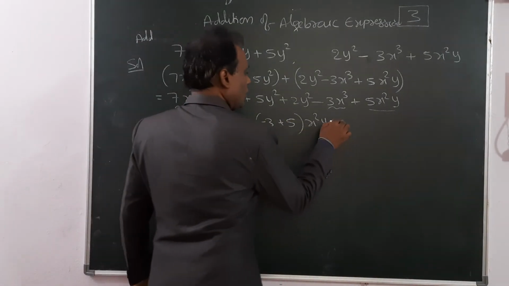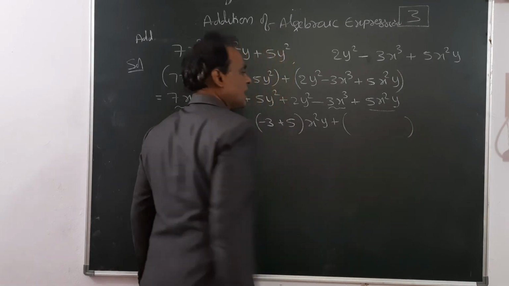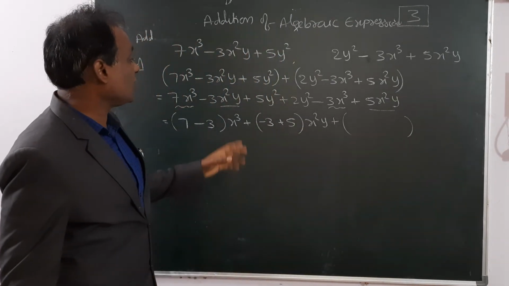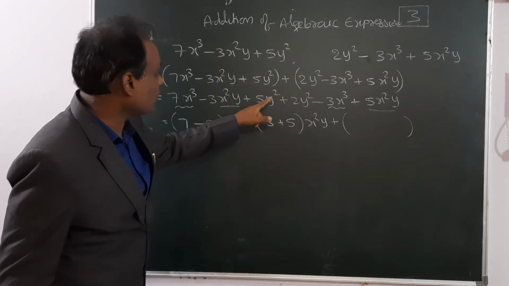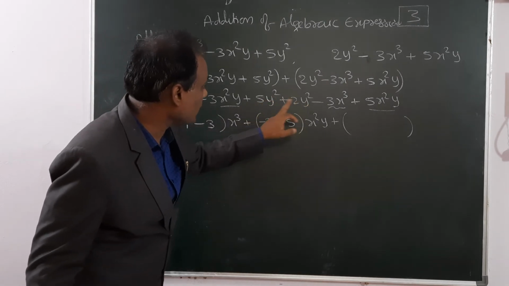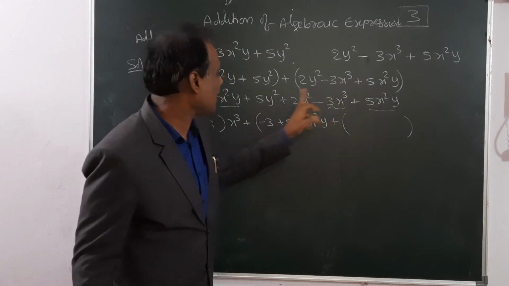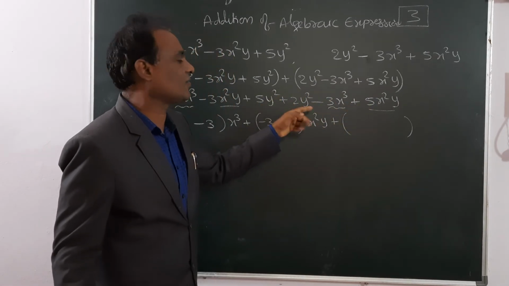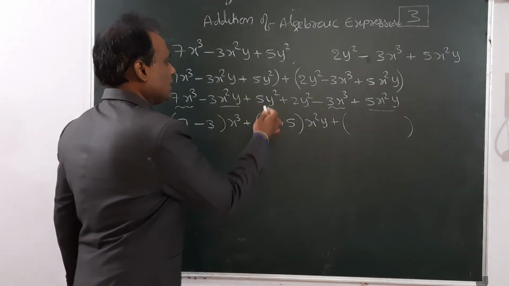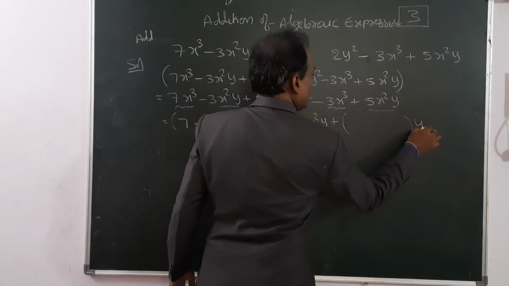Next, bananas are added. What is the other term left? The y square term. The y square term should be added with only the y square term; it cannot be added with the other terms. So here I am taking y square common.